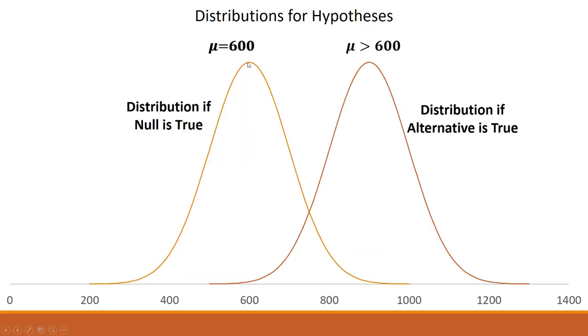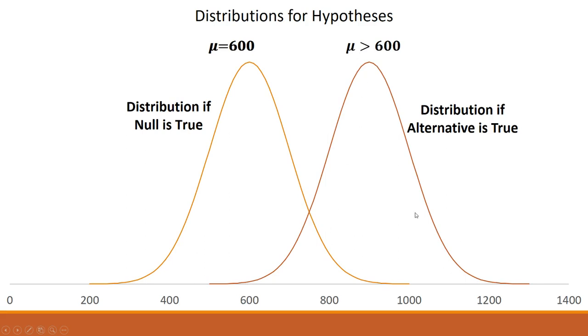This is the sampling distribution of the mean if fertilizer has no effect. We also could state one for if the alternative hypothesis is true, and that is that the mean is some number larger than 600. So this is what the sampling distribution of the sample mean would be if the alternative hypothesis was true and the true mean is some number greater than 600.